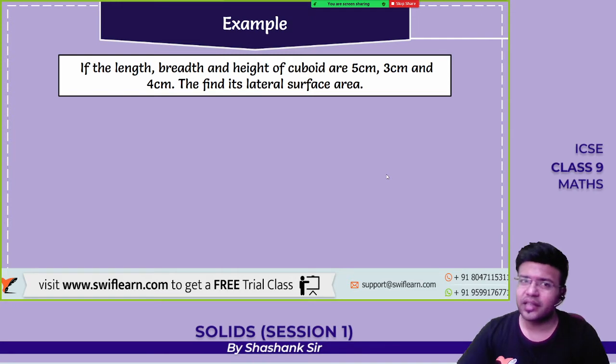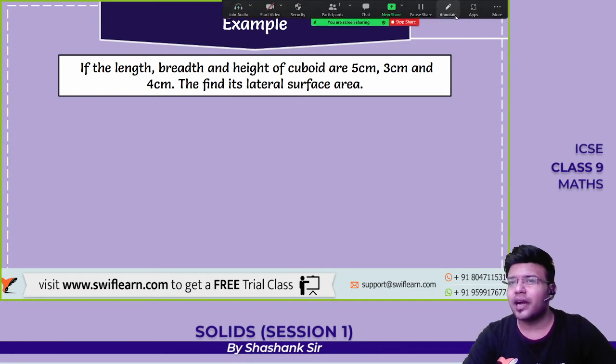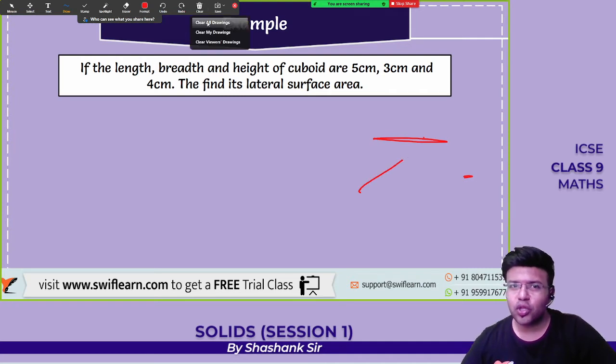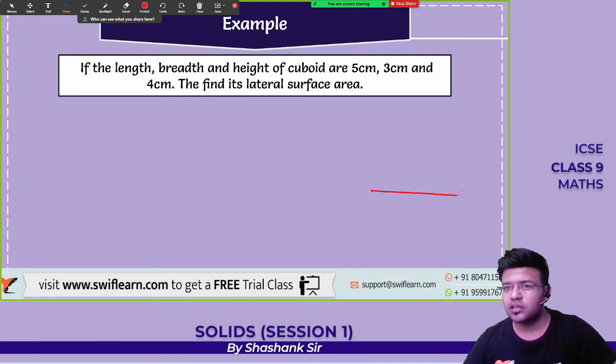Now let's take an example. If the length, breadth and height of the cuboid are these, find the lateral surface area. Let me draw the base first. This is the length, which is 5 centimeter.